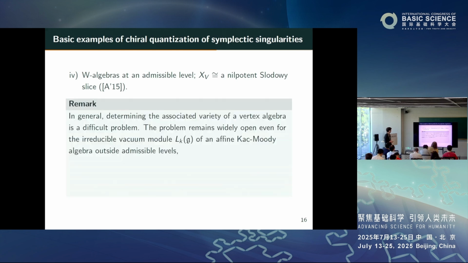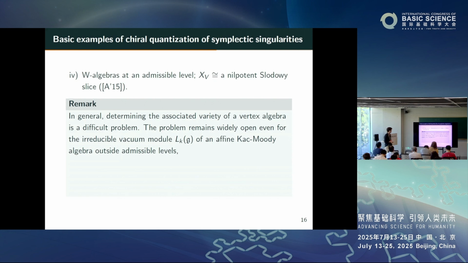So I listed some examples of associated varieties, in particular of Kac-Moody algebras, but this is actually quite difficult to determine. Determining the associated variety remains widely open, even for the irreducible vacuum representation of Kac-Moody algebras outside of the admissible levels.